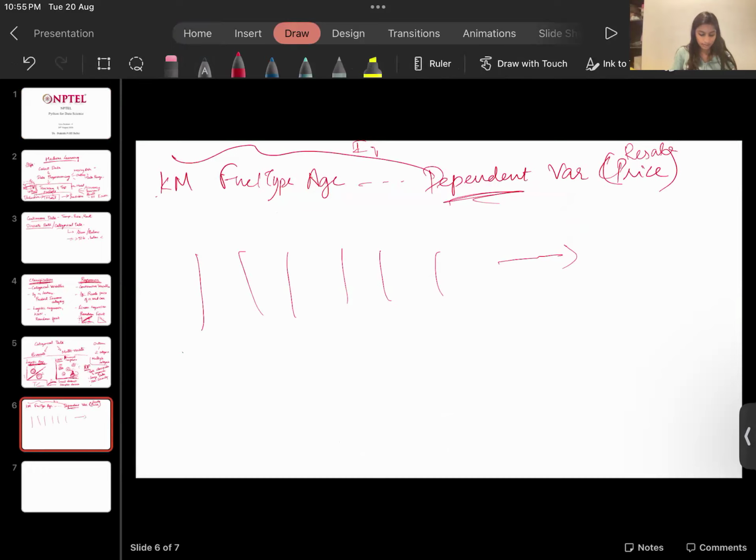So probably kilometers might be an important factor, age might be an important factor, but there might be several other variables that might not significantly affect whether or not the price is high or low. So random forest tries to use or drop several variables, and it can also decide which variables are important for the prediction of the variable. So that is one advantage of random forest.